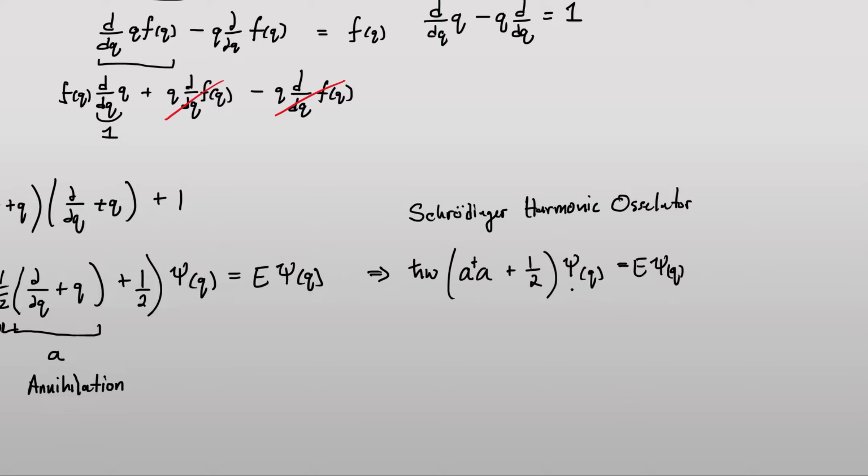And so what I'm going to do now is we're going to start defining a bunch of stuff. We're going to start defining what are these Q's, right? That's the first thing we're going to do. And then we're going to explicitly write out other forms of A and A dagger.